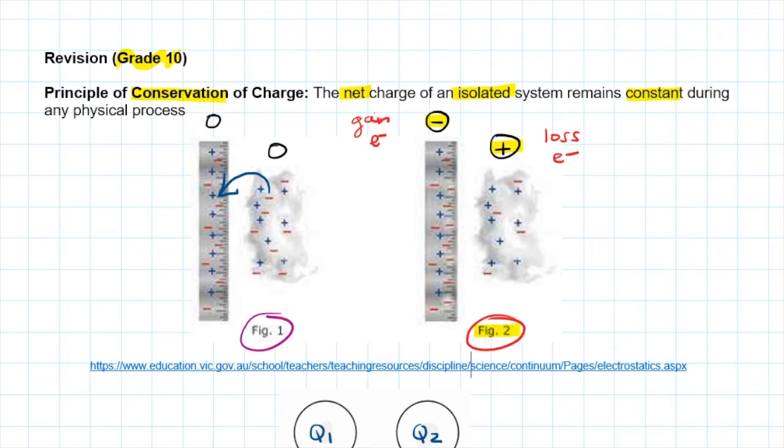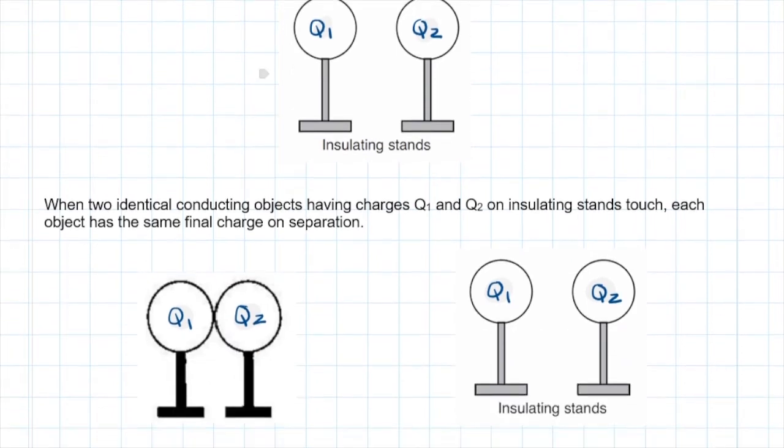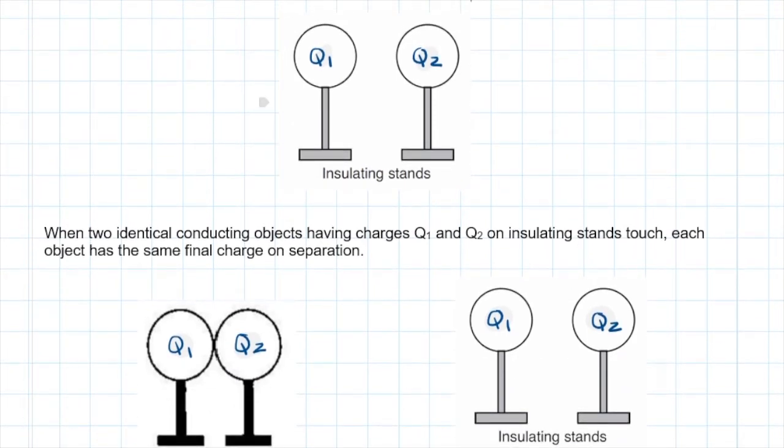Very often in grade 10 we said that you should apply this principle of conservation of charge to two metal spheres on insulating stands. We place the charged spheres on insulating stands because we do not want the charge to discharge into the ground.